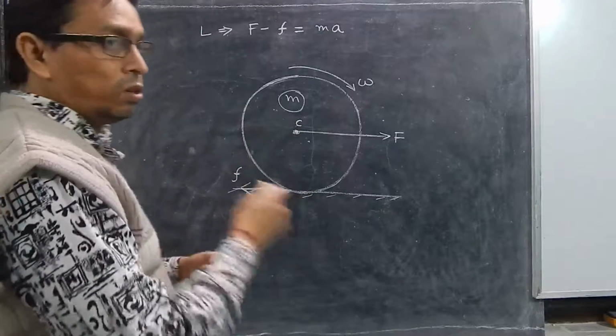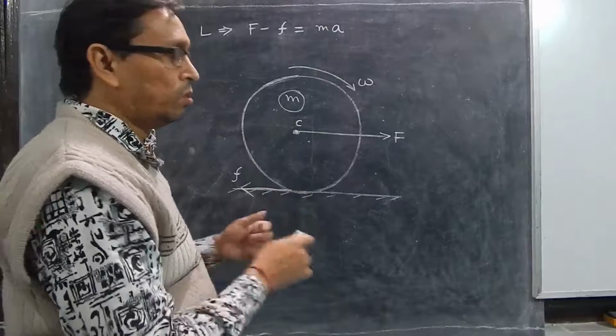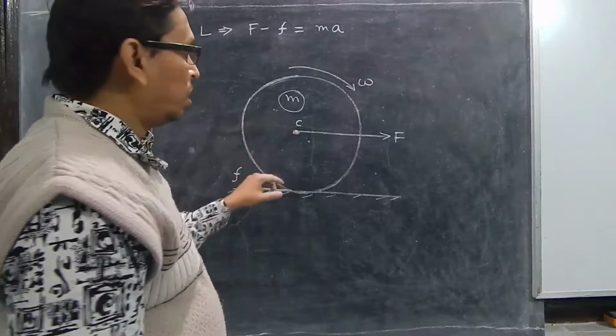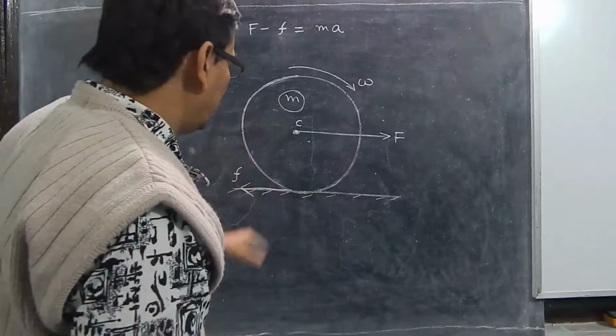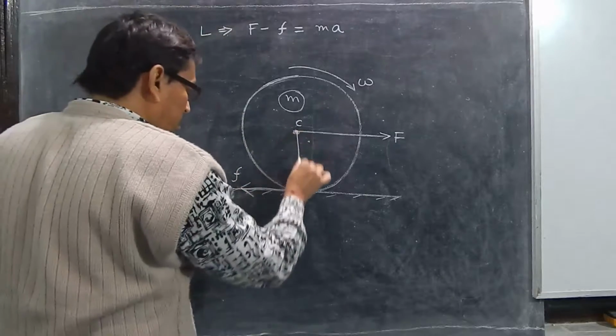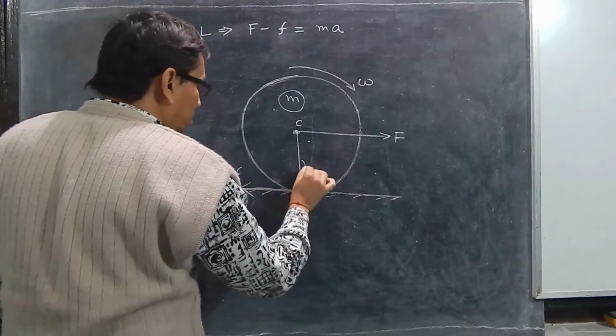Now the body should roll also. If the body wants to roll, then you require torque. So the torque will be given by this frictional force into radius.